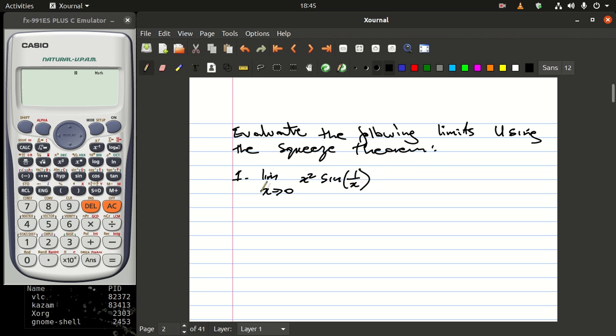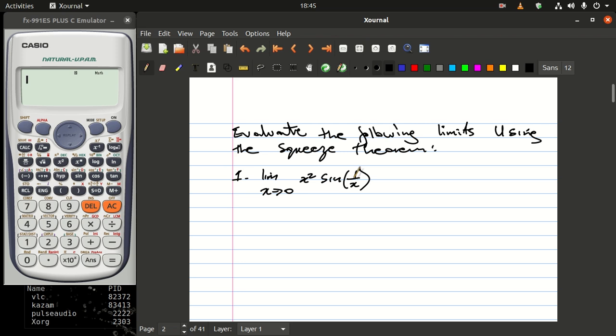So how do we end up finding the limit of this particular function here? Take note of this. The first thing that we usually do is start by plugging in. If I'm plugging in a 0 here, I will end up getting a 0. And if I'm plugging in a 0 inside the sine, I will get 1 over 0, which is undefined.